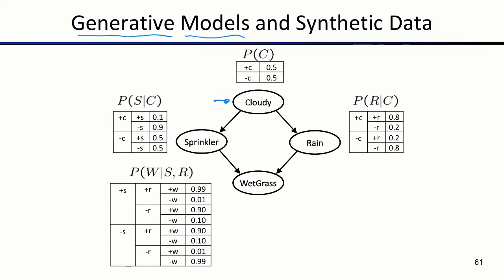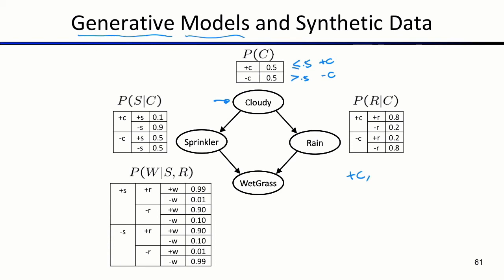If the number is less than or equal to 0.5, I'm going to sample the value plus C. If it is larger than 0.5, I'm going to give it the value minus C. So we start with cloudy, use the random number generator, and let's suppose the output is a number less than 0.5, so that's going to be plus C. That is my first value.